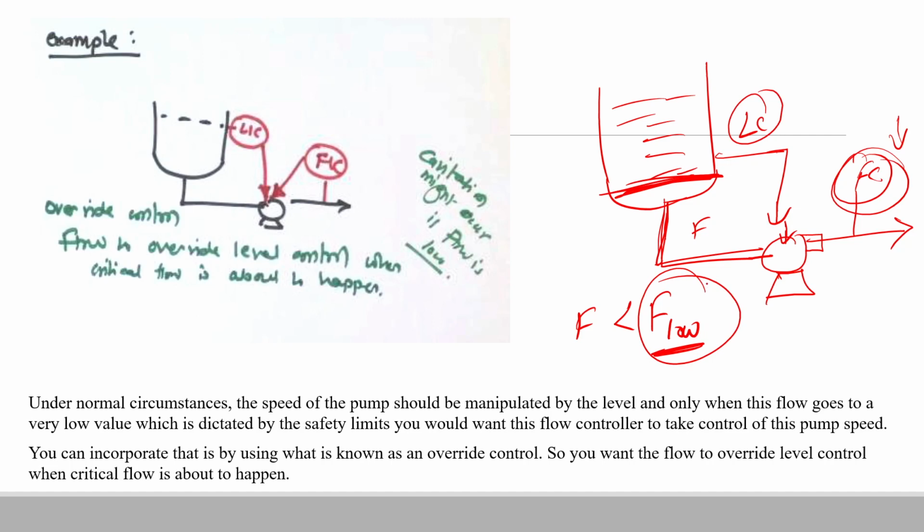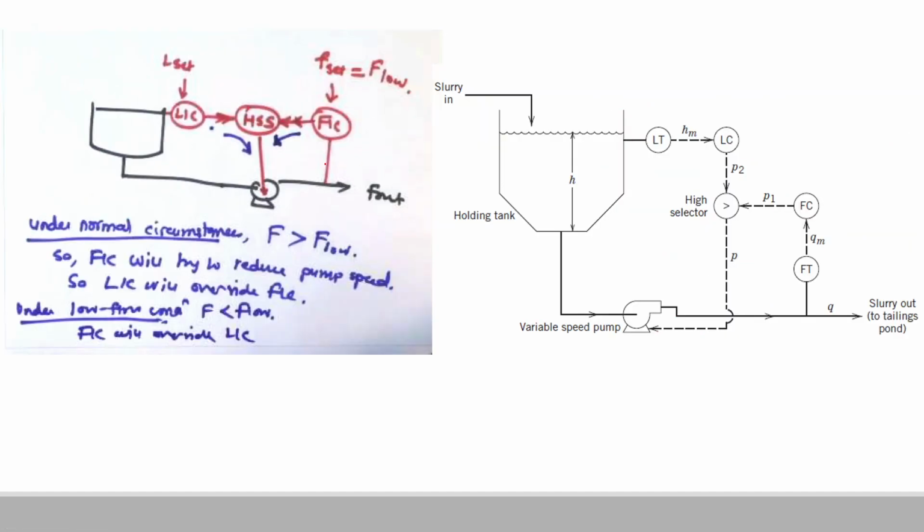So in order to do that, what we will do is we will use this selective control, or this override controller, whereby once the level of the tank has gone beyond a certain amount. So if, let's say, the level decreases by 10%, then we can control the flow rate outside by changing the speed of the pump.